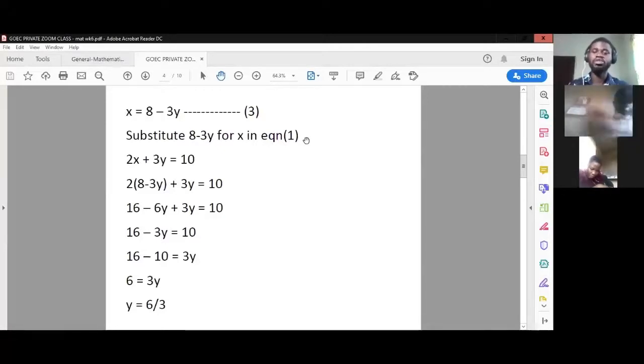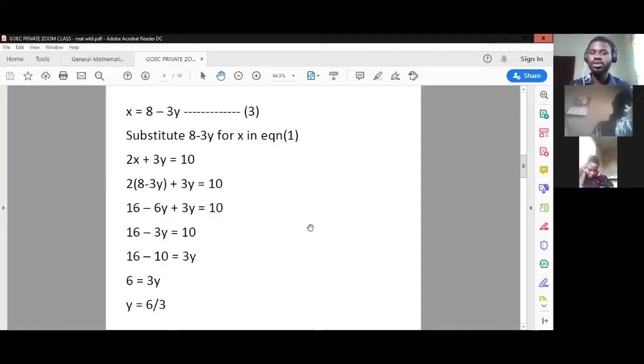If you have brought it out from equation 2, you substitute it into equation 1. So where you have x, you put in 8 minus 3y, and then you expand this, simplify, collect like terms, and then you get y equals to 6 divided by 3, which is y equals to 2. So that's exactly what we have done so far here.